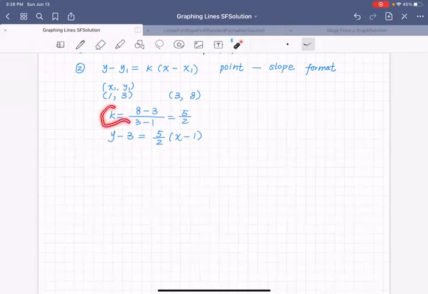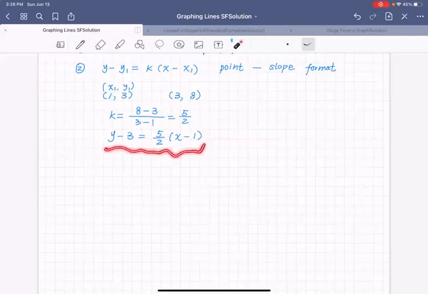You first calculate the slope by the slope formula. After you find your slope, you can plug in those values. Okay, this is called a point slope.